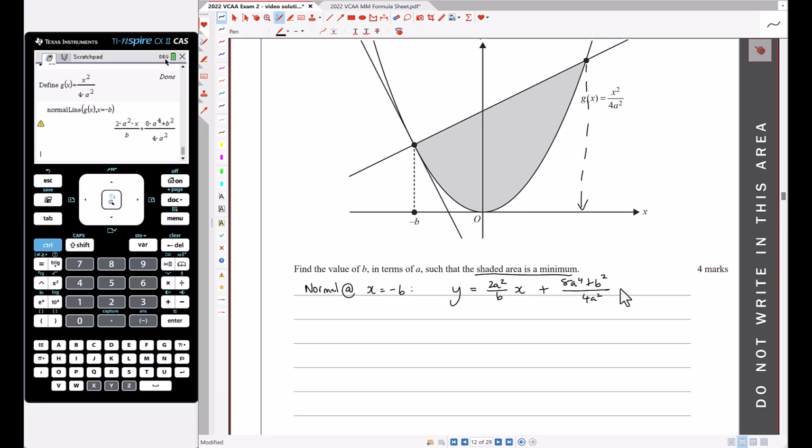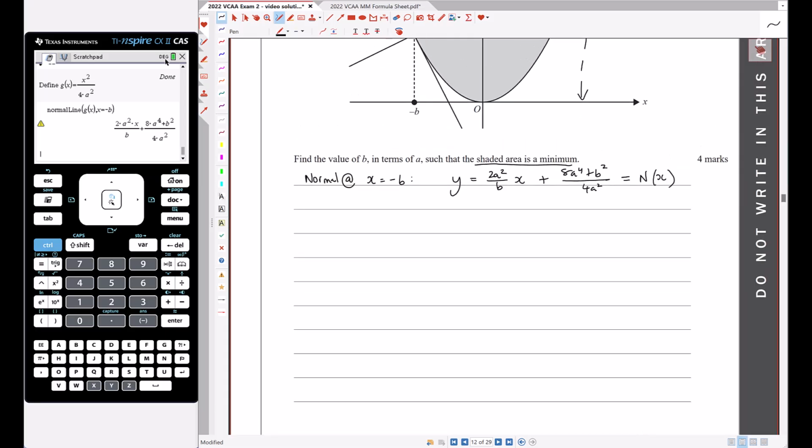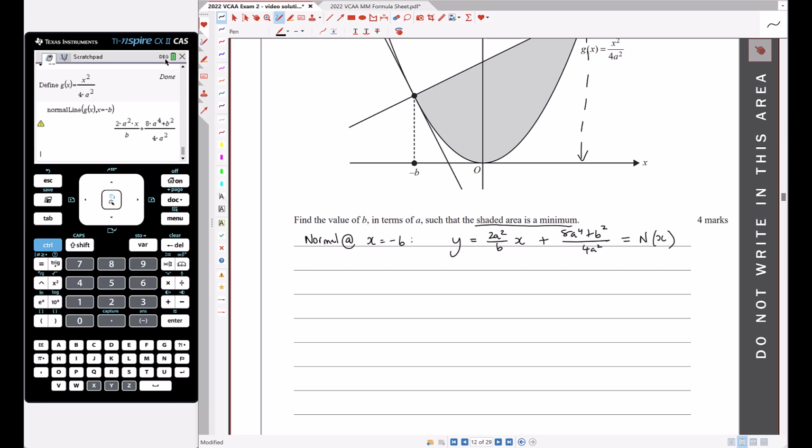I'm going to call this the normal at x, just so I've got some notation to help me. I don't normally like defining my own functions, but I don't really want to have to write that expression out again. So the area, okay, let's call it the shaded area, and then I'm going to give it a name too. Let's call that a of x.